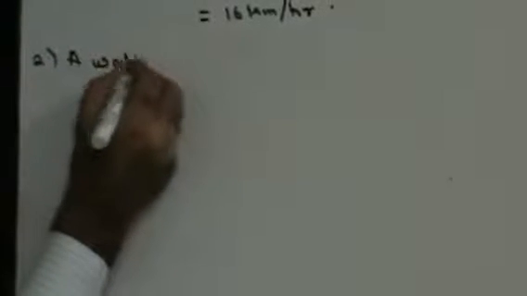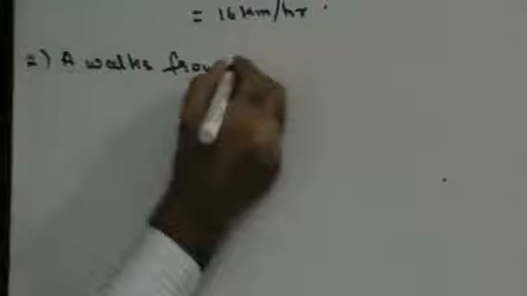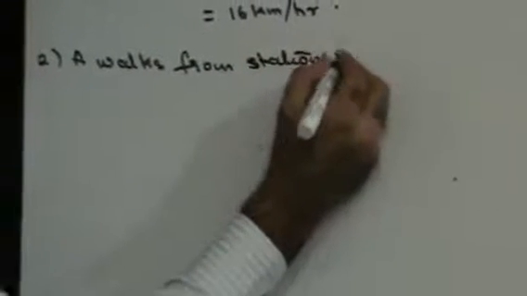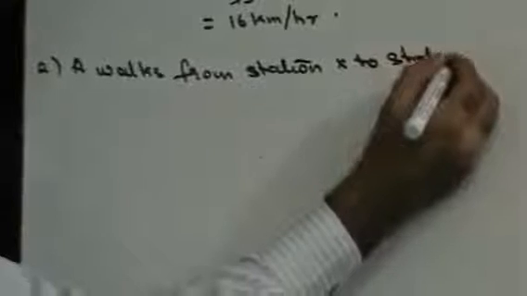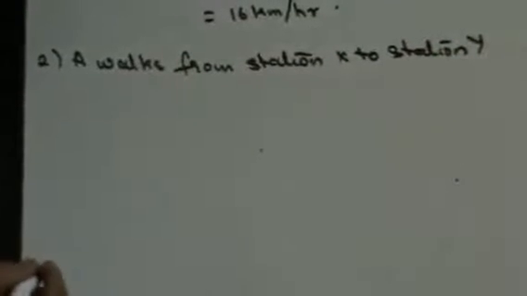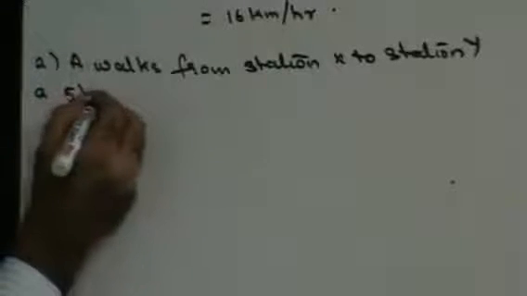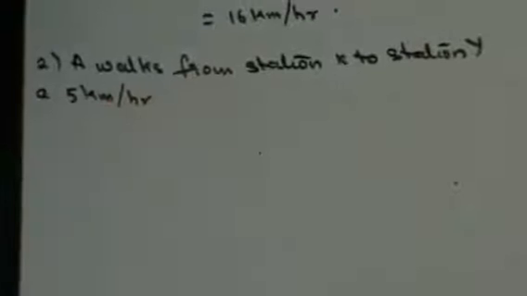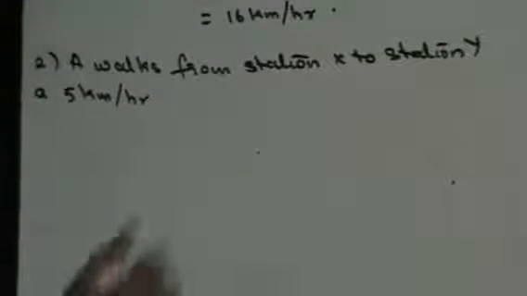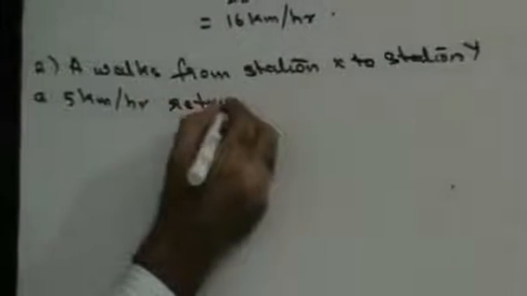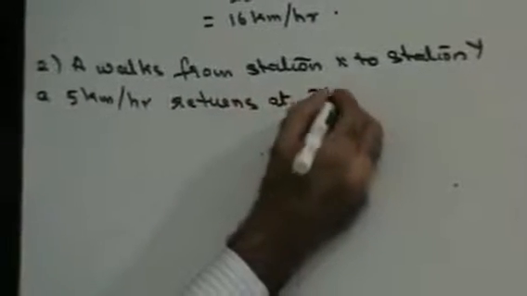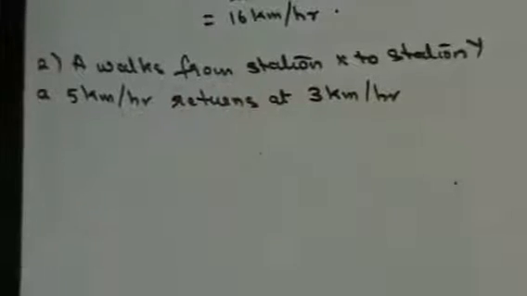Next, let's see another sum, guys. A walks from station X to station Y at a rate of 5 kilometers per hour and returns at 3 kilometers per hour, right?